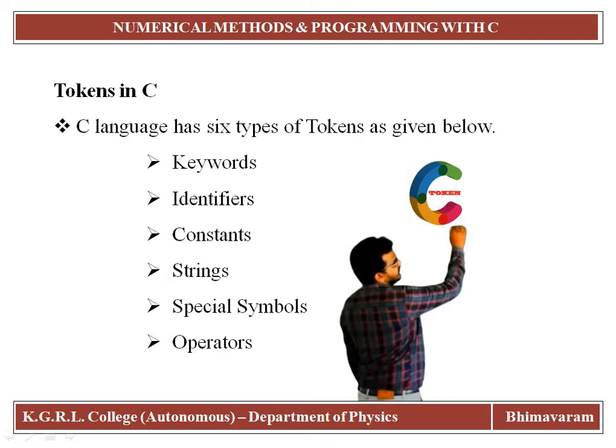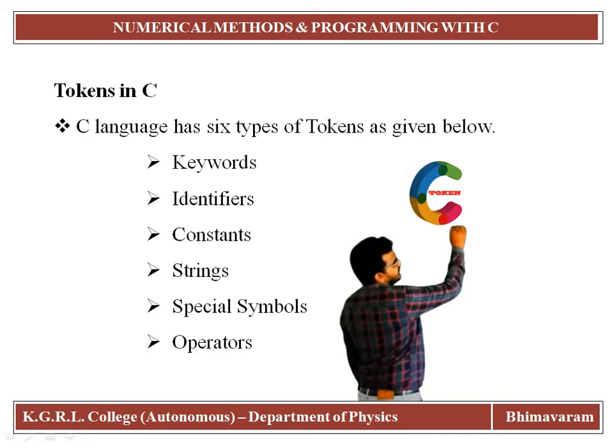Therefore, we can say that tokens in C are the building blocks or the basic components for creating a program in C language. Tokens in C language can be divided into the following categories: keywords, identifiers, constants, strings, special symbols, operators.